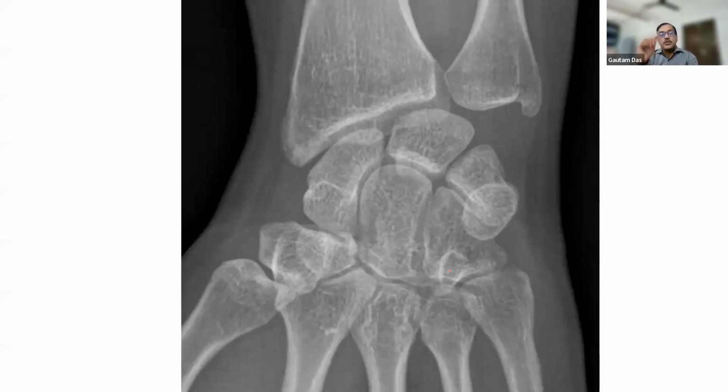This is an X-ray. Here also you can understand that this is the proximal row: scaphoid, lunate, triquetrum, and pisiform over it. And then trapezium, trapezoid, capitate, and hamate. So this is your distal row.